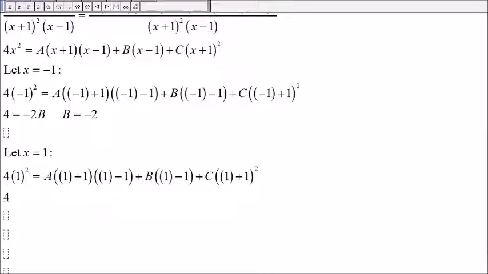So again, this will be 4. And this will be 0 again. 1 minus 1 is 0. And then this will be 0. And then 1 plus 1 is 2. 2 squared is 4. So we get 4c. So divide both sides by 4. We get c to be 1.